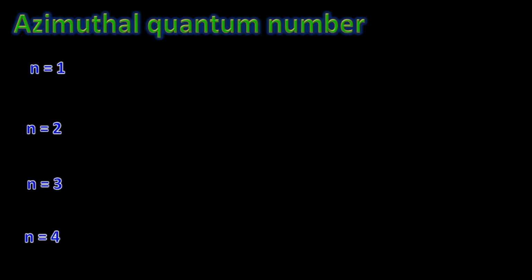That is, for n equal to 1, L equals 0. For n equal to 2, L is equal to 0 and 1. For n equal to 3, L is equal to 0, 1 and 2. For n equal to 4, L takes the values 0, 1, 2, 3.